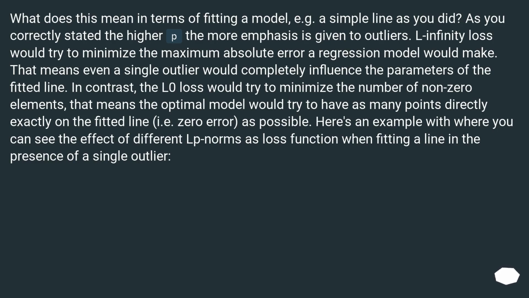In contrast, the L0 loss would try to minimize the number of non-zero elements. That means the optimal model would try to have as many points as possible directly on the fitted line, with zero error. Here's an example where you can see the effect of different Lp norms as loss function when fitting a line in the presence of a single outlier.